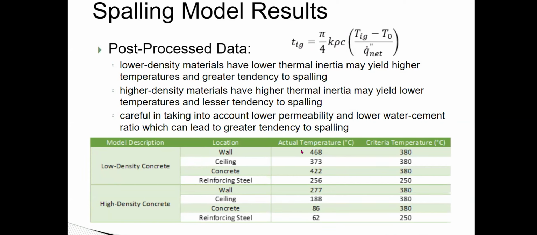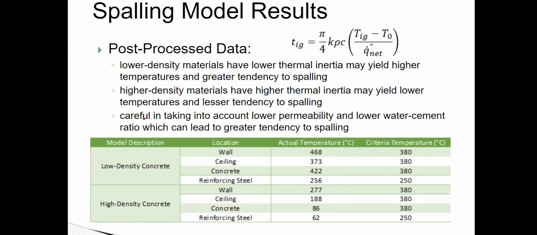And so as you see from these temperatures, the lower your density, the greater temperatures you get. And then comparing that to the spalling criteria, you're going to get these to spall. For a higher density, your temperatures decrease because of this equation, and then you're probably not going to get spalling.